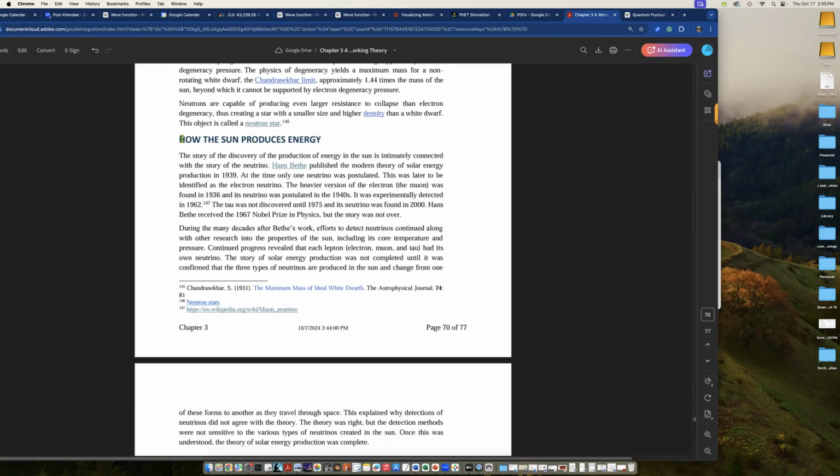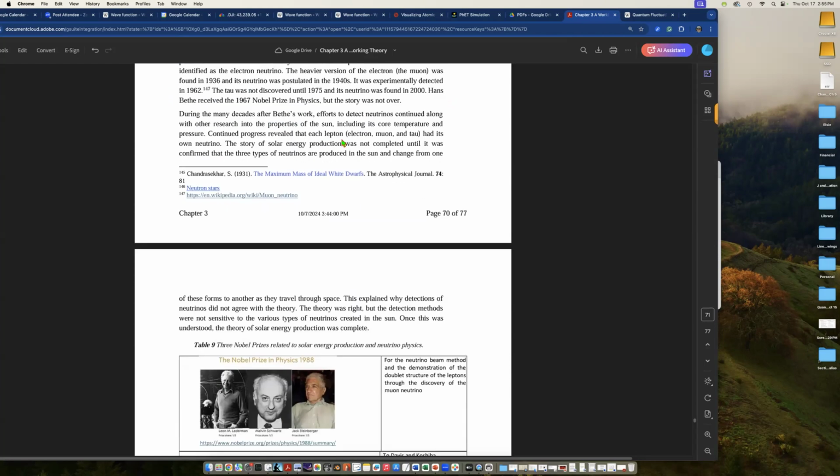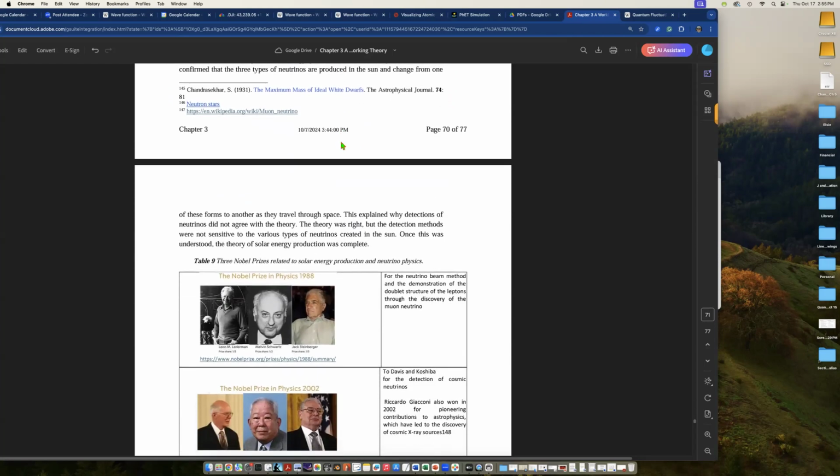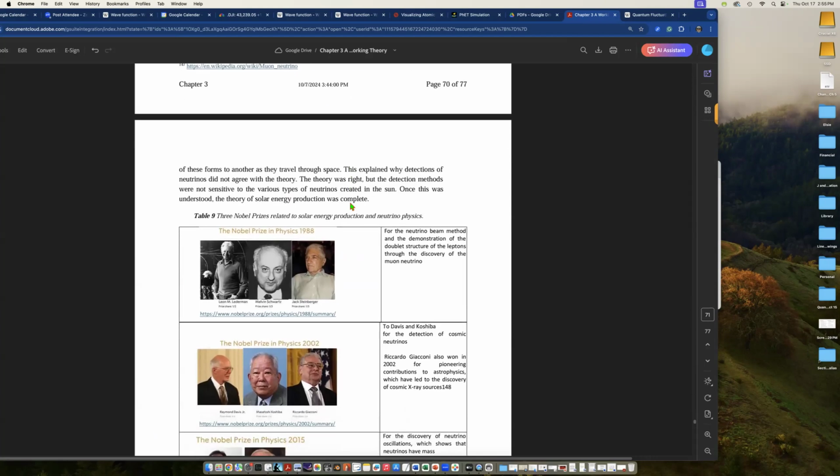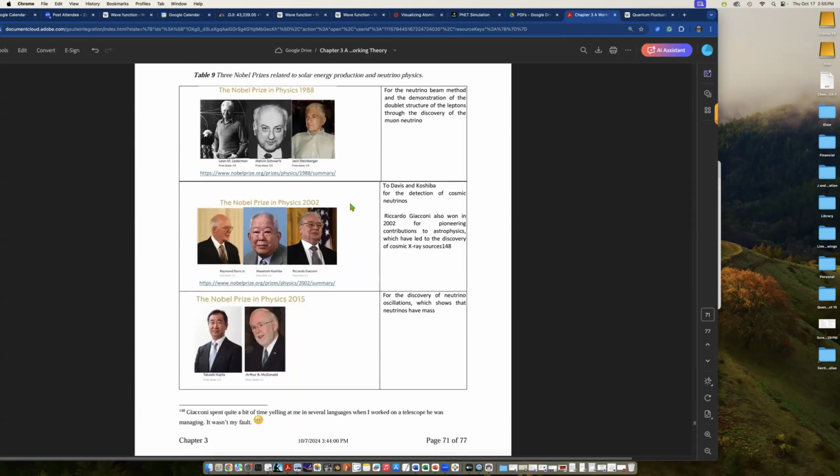I already mentioned Hans Bethe successfully showing how the sun produces energy. And in the process, the questions came up about all the neutrinos that are produced by the production of energy deep in the sun. And it took 50 years of research to understand what's going on with the neutrinos created in the sun.